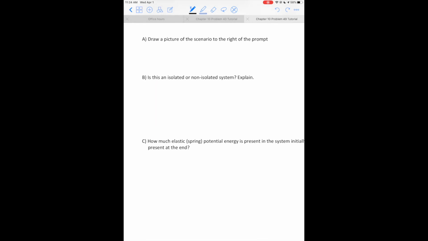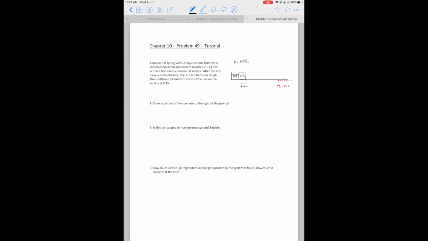Is this an isolated or non-isolated system? Explain. Well, I think this open-ended kind of question can be argued for both. I think that you could argue that it's an isolated system for a portion of it, right? I think that this frictionless spring-loaded system is isolated.